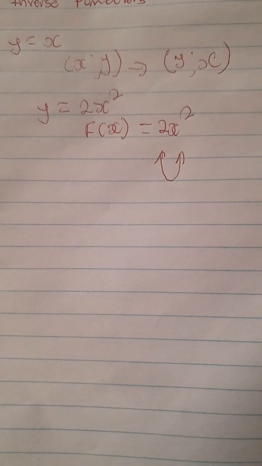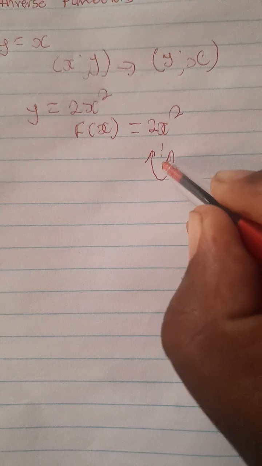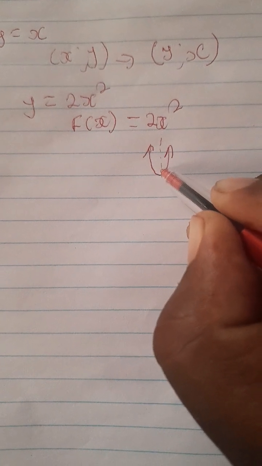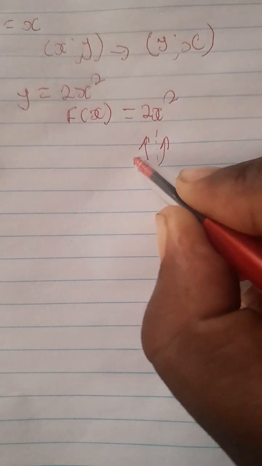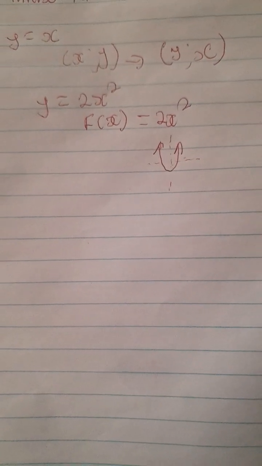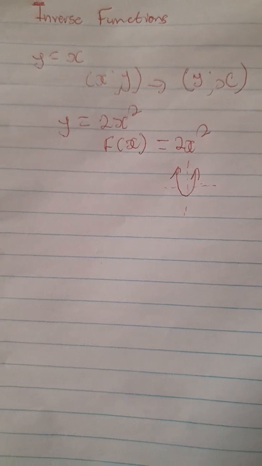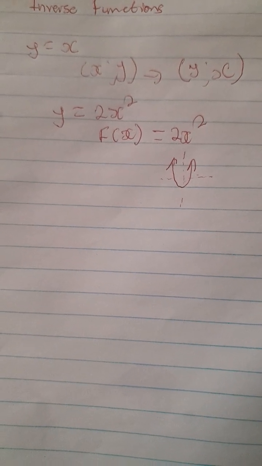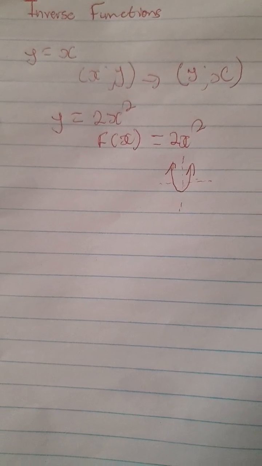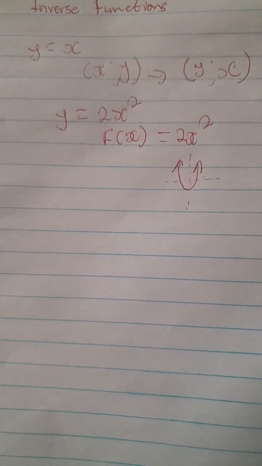You know that when you use your vertical line test, it touches once, but with the horizontal line it touches twice. In other words, when they ask you such a question, this is the graph of a parabola. It's a many to one function.